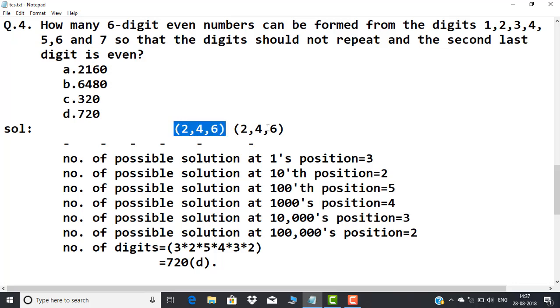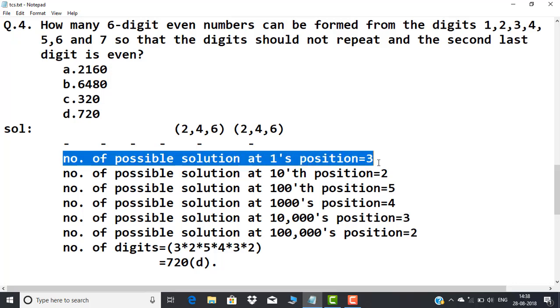And the digits should not repeat. For instance, suppose we have chosen 6 as the ones place, so we cannot choose 6 at the second place. We are left with two possibilities, that is 2 or 4. So the number of possible solutions at the first position will be 3. We can choose any one out of them.